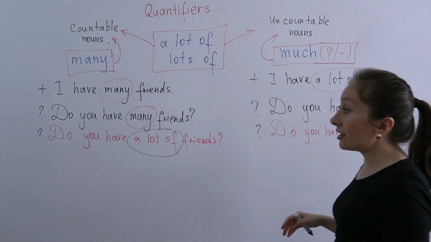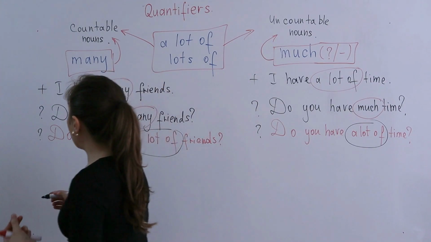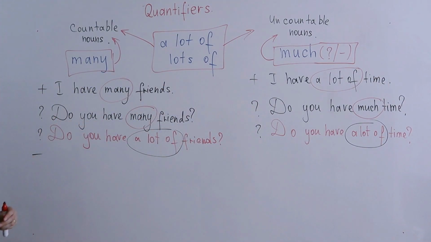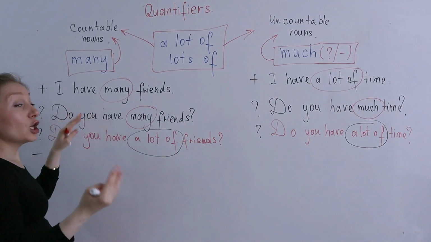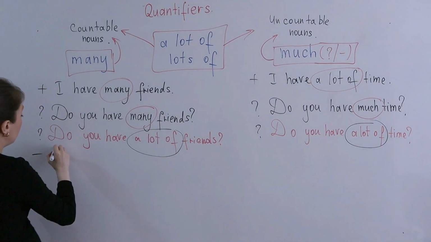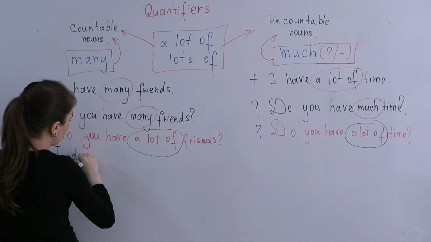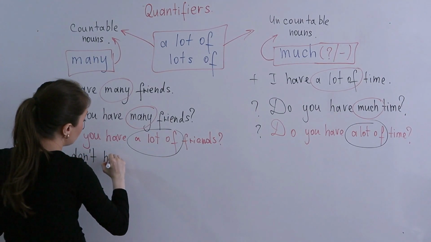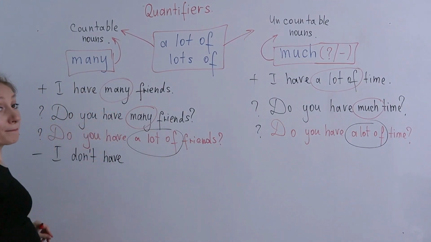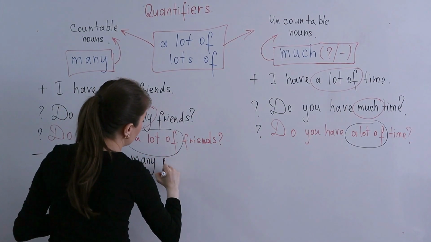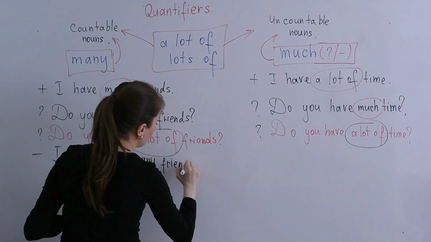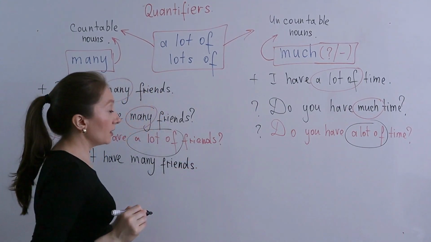Right? And the answer is, for example, let's make the negative answer. I have, present simple negative, I don't have. I don't have what? Many friends. Right?